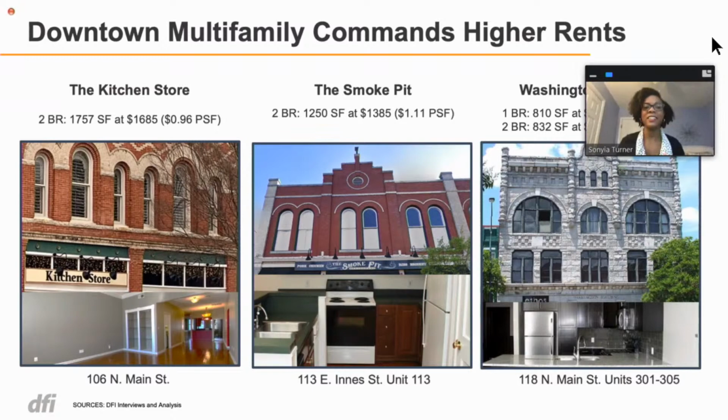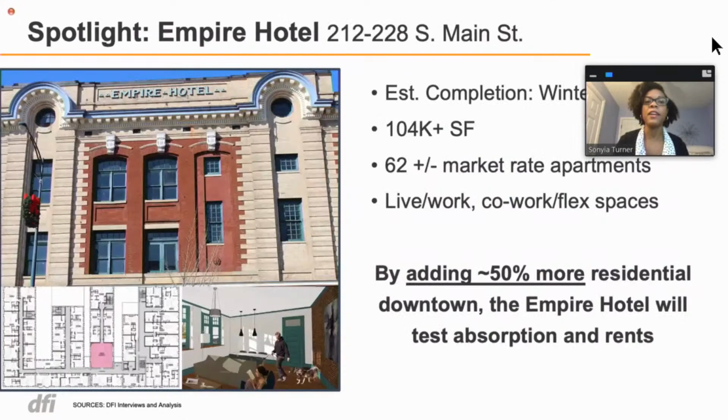Square foot. Yes. So we are finding that downtown multifamily is commanding higher rents and on average $1.21 per square foot. And we'll find, though, that the Empire Hotel is really going to be an important demonstration project for rents in downtown, as well as absorption.